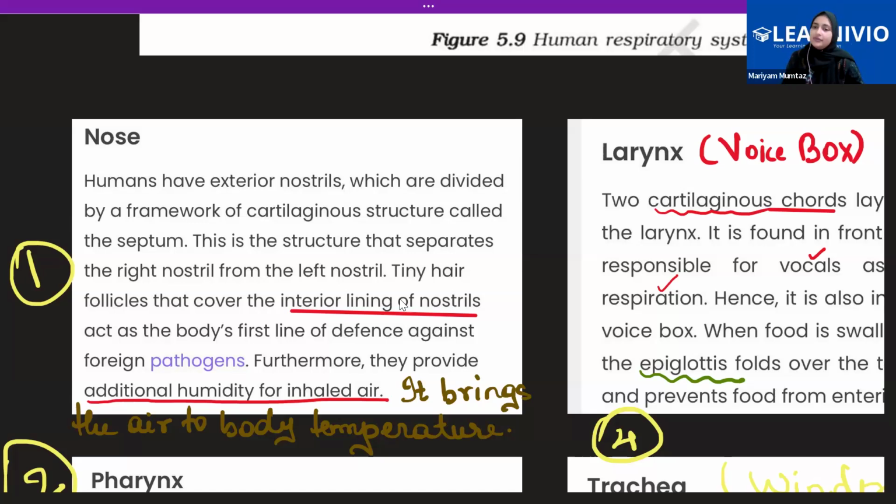See, we can breathe through our mouth, that's completely fine. But when we take the air through the mouth, two functions are not done. The first thing, the air that's coming inside our body is not getting filtered. And secondly, the temperature of that air is not being set to the body temperature. So because of these two reasons, it is very much advised to breathe properly through the nose.